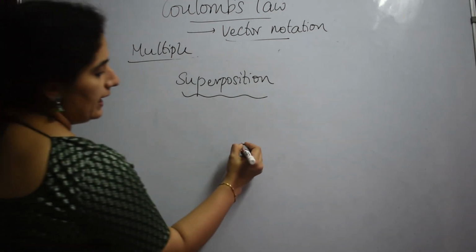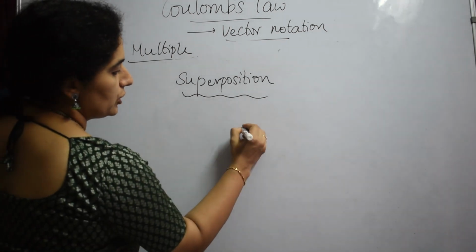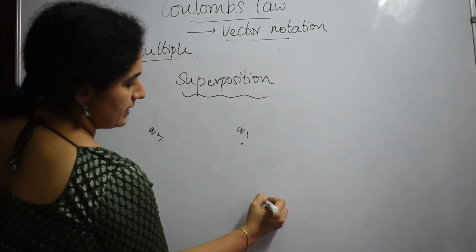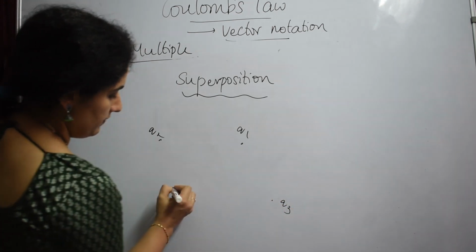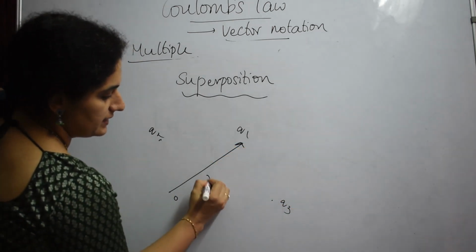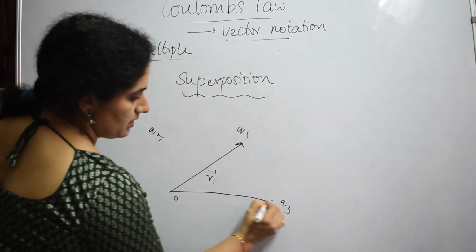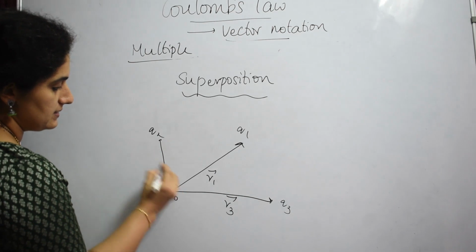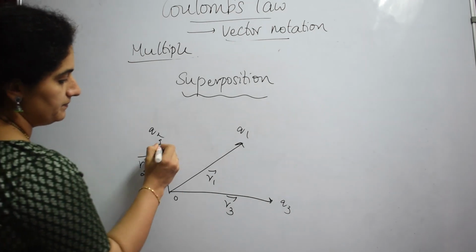Now, I will consider this Q1, Q2 and Q3 from the point O. We will mention it as R1 vector, this as R3 vector, radius vector, this as R2 vector.